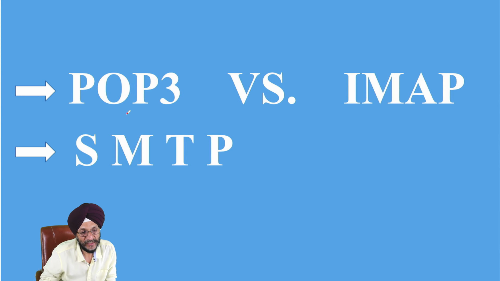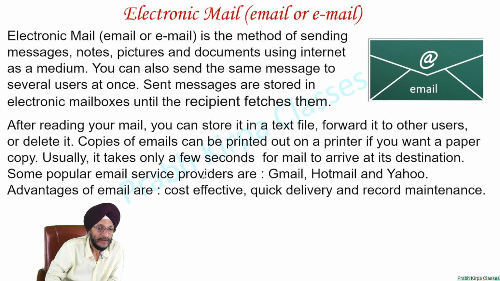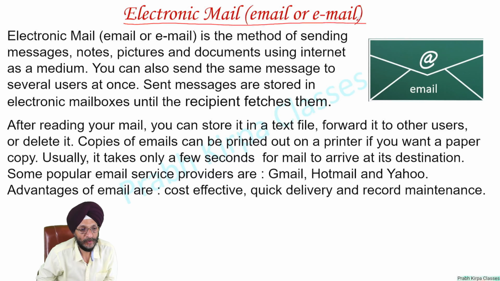Now we will understand the meaning of POP3 and IMAP as well as SMTP, and we will also understand the difference between POP3 versus IMAP. First is electronic mail. What is the meaning of electronic mail?